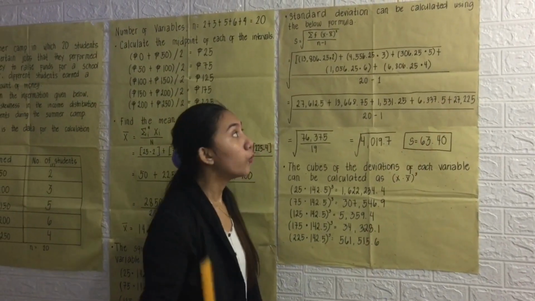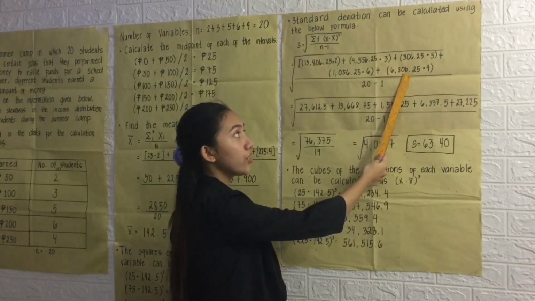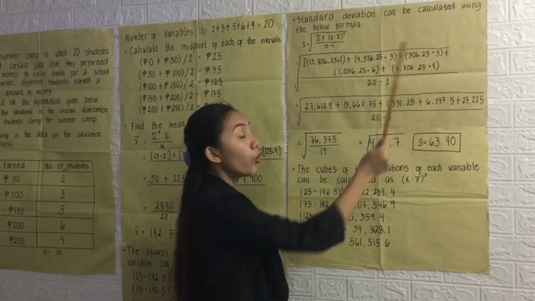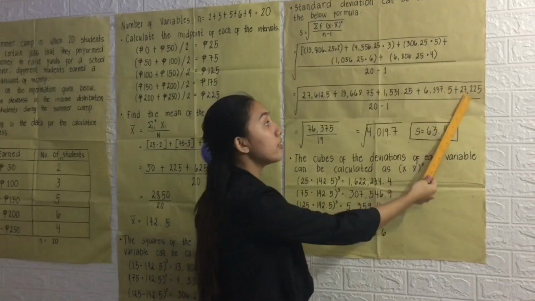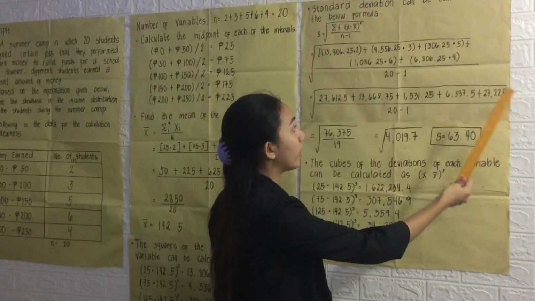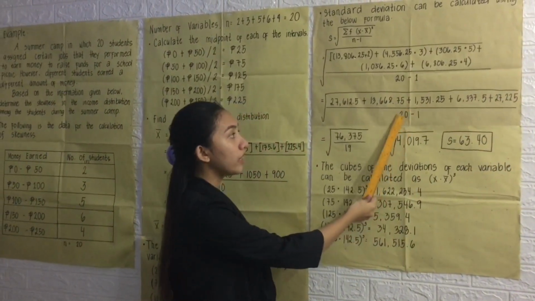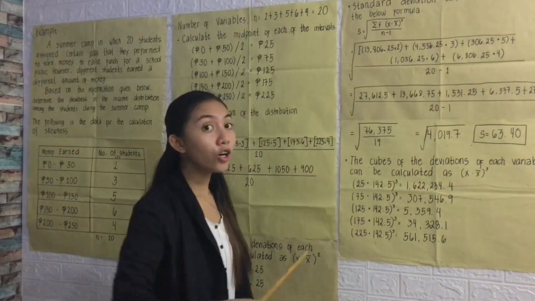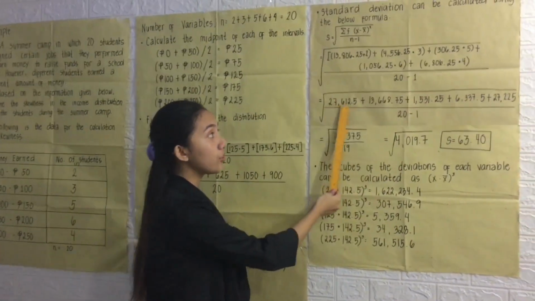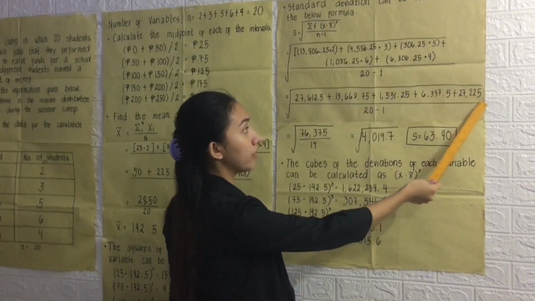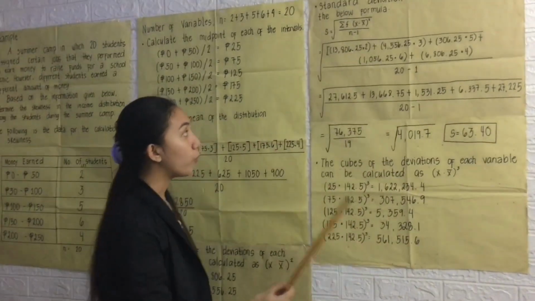And lastly, we have 6,806.25 times 4, which results to 27,225. So we have here 20 minus 1. And we will find the sum of the results over here, these numbers.